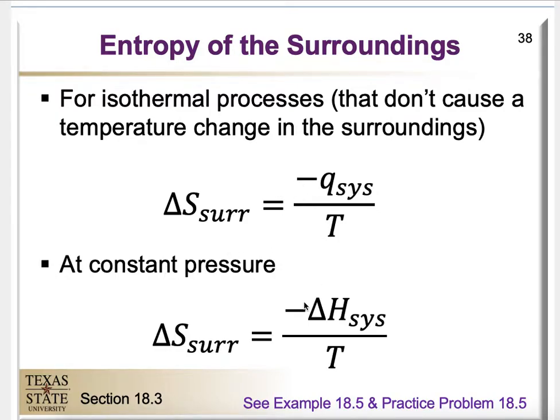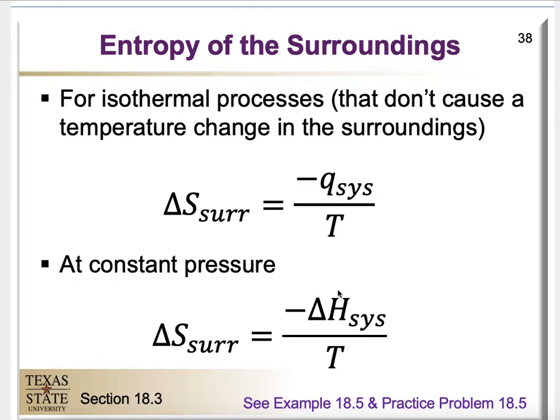Similarly, we can change this equation into an enthalpy term if that process occurs at a constant temperature, because enthalpy is basically heat associated with a process at constant pressure. So the equation becomes that the entropy change for our surroundings is equal to the negative of the enthalpy change of the system divided by the temperature.